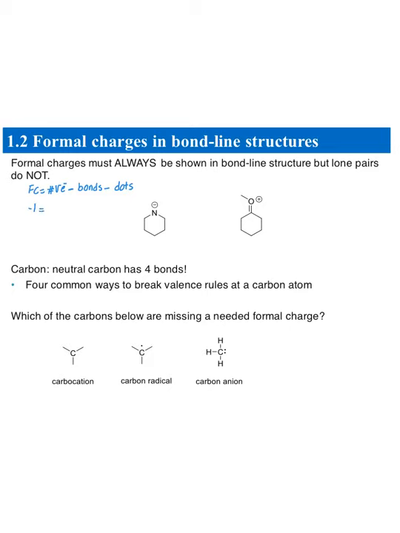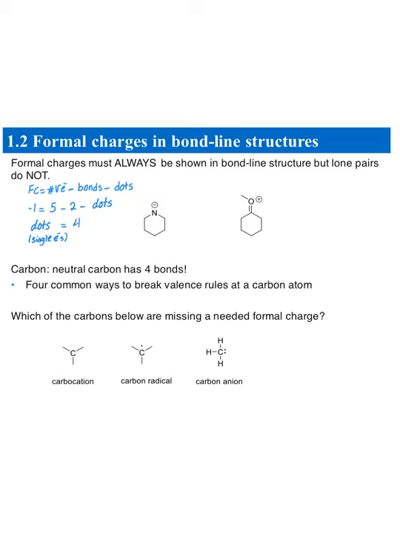Nitrogen is in group 5, so it has 5 valence electrons. Nitrogen has 2 bonds connected to it. And to find the number of lone pairs, we just need to solve this equation. If we do that, the number of dots, or the number of single electrons, is going to be 4.